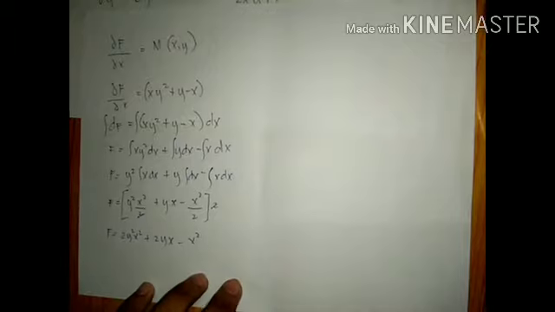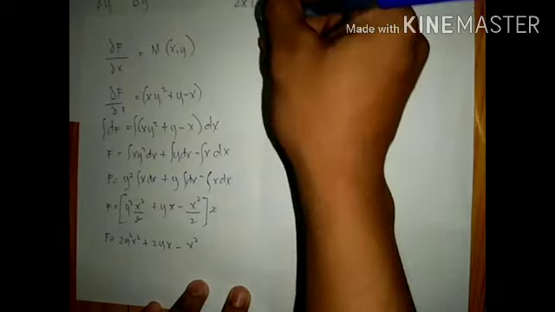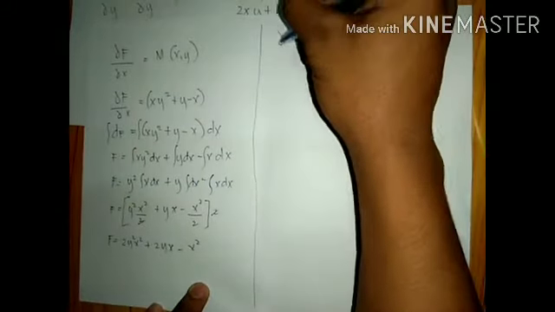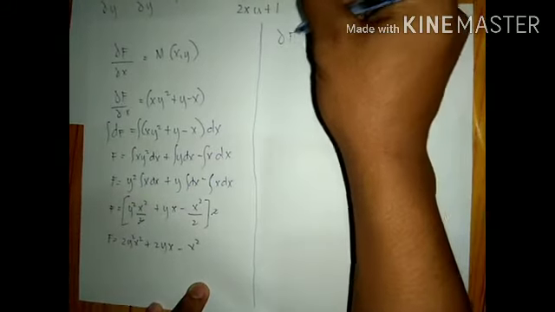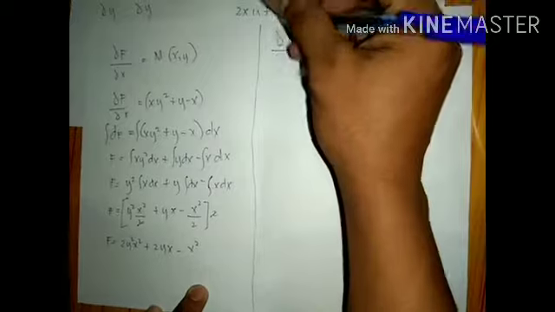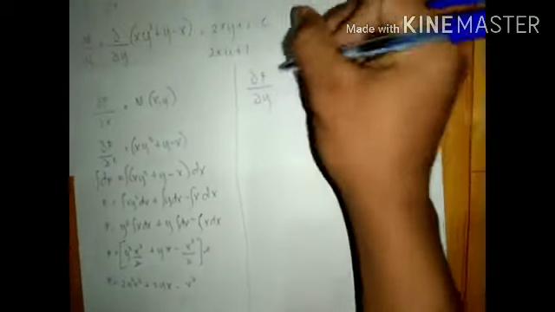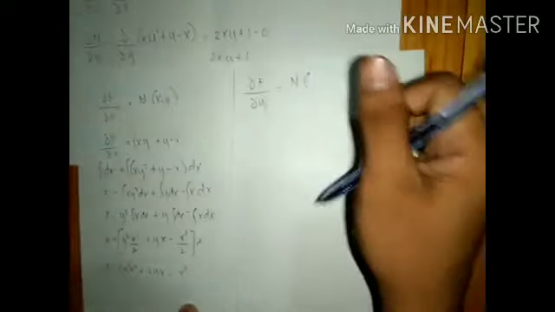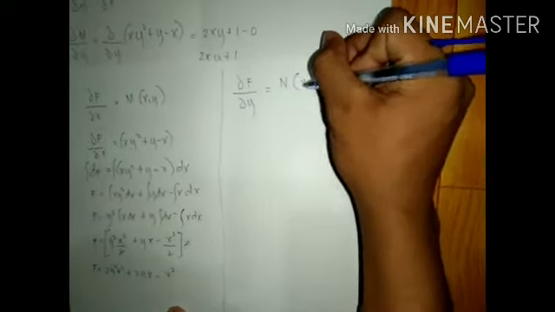And then, on the other side, we will find the partial derivative of x with respect to y, which is equals to N, a term with a function of x and y.